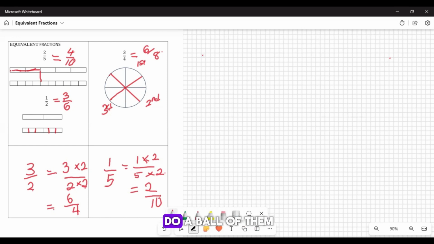So let's try to do a couple of them. Let's say we have 3/4, and then we want this denominator to be, let's say, 12. So what we have to do is find a factor that would make this 12, and we multiply accordingly the numerator and the denominator.